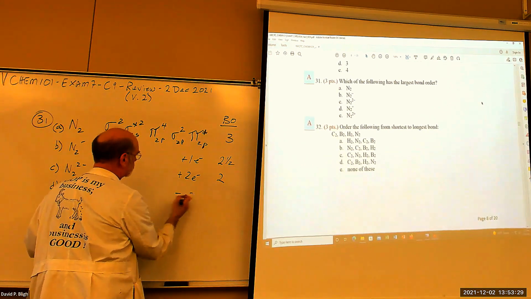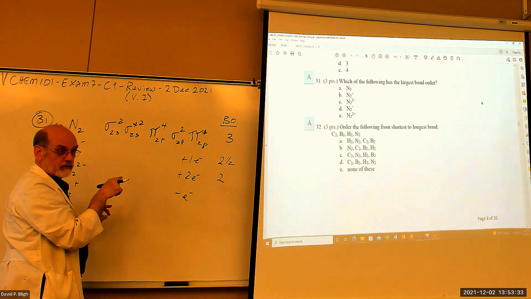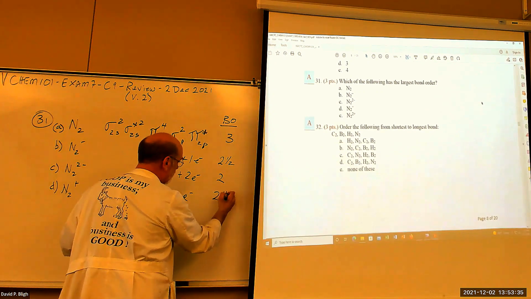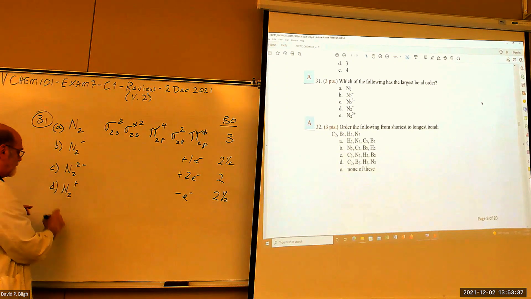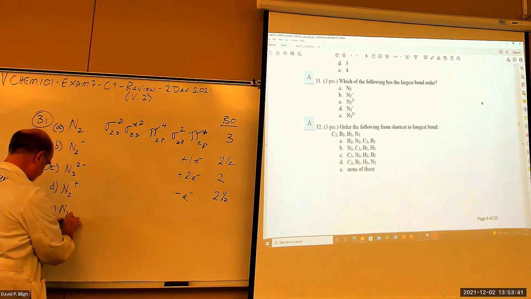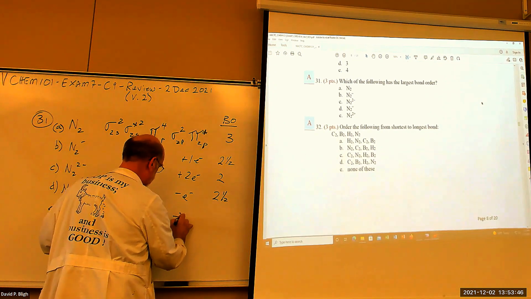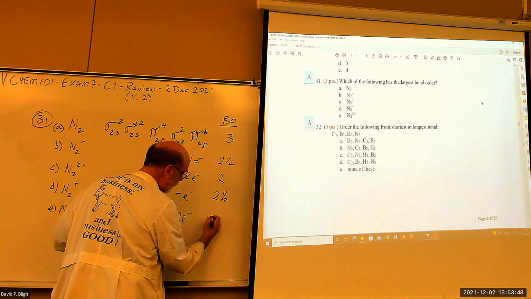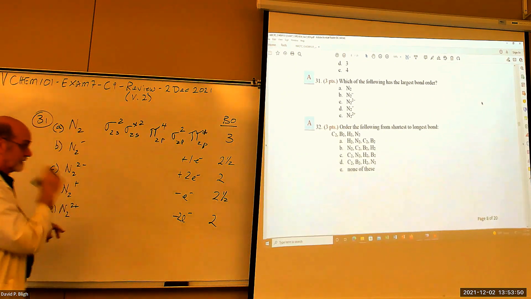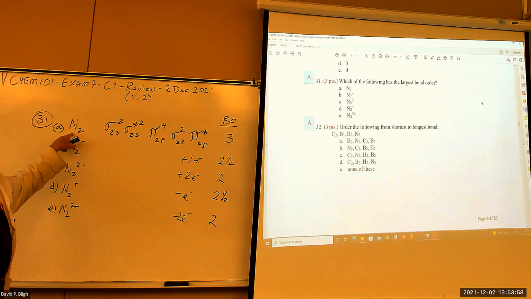We have to take that electron from a bonding orbital, which means we're decreasing by half. And then E. Now we're going to subtract 2 electrons. We decrease it by another half. Okay, so the largest bond order of this series is the neutral dinitrogen molecule.